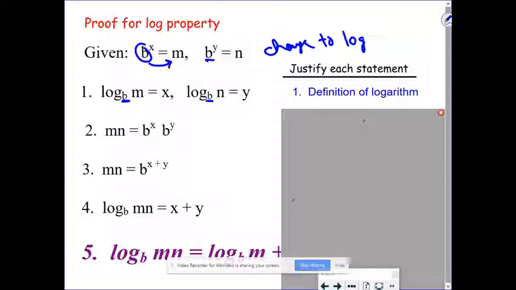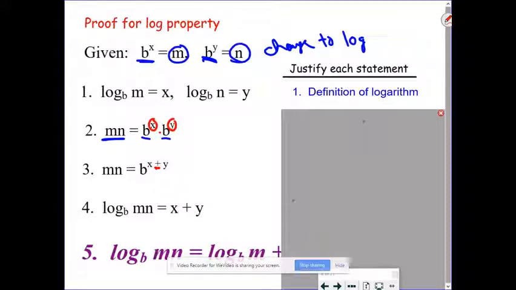Now, at this point, m is b to the x, n is b to the y, and I can multiply those together. So m times n equals b to the x times b to the y. Now, if I look on the right side, how can I simplify b to the x times b to the y? Well, they are multiplying, so I can add the exponents: b to the x plus y.